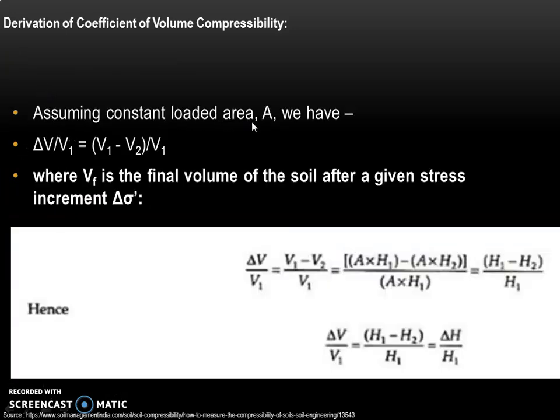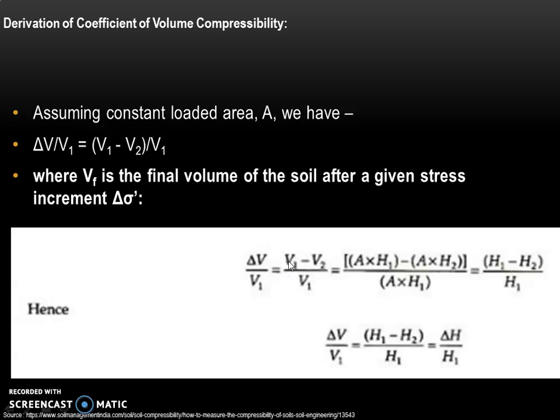We will assume constant loaded area A. So delta V divided by V1, that is change in volume, is nothing but V1 minus V2 divided by initial volume, that is V1. V2 is the final volume of the soil after a given stress increment, that is delta sigma dash. Change in volume to initial volume can be written as V1 minus V2, V1 is initial volume and V2 is final volume, divided by initial volume V1.